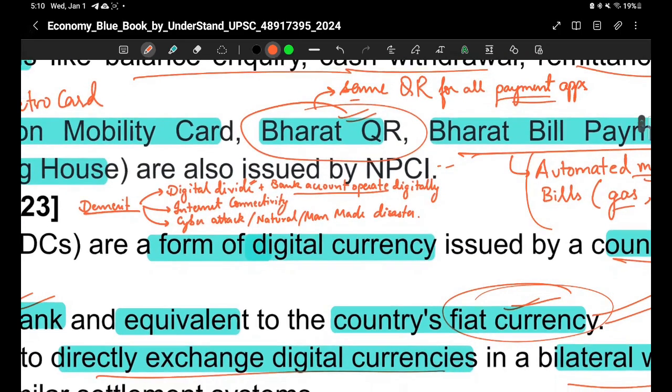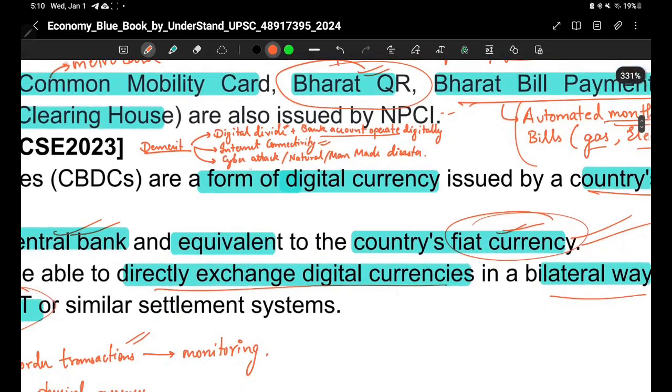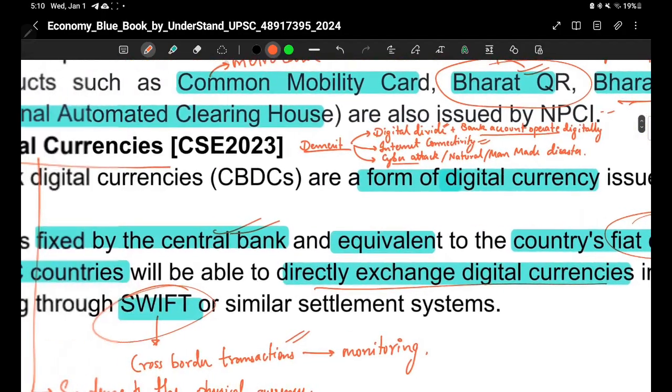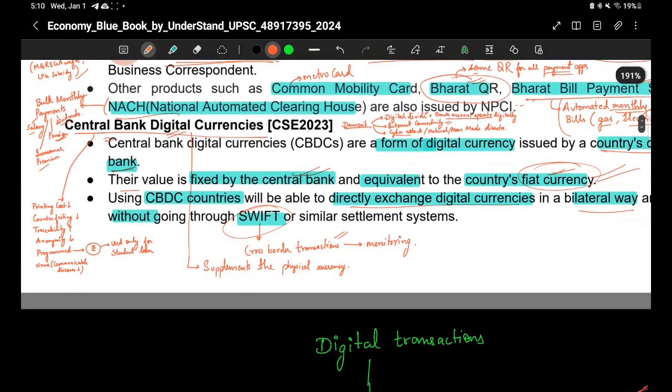Then internet connectivity is also a problem. It has not penetrated throughout India. Then they are prone to cyber attack. Since it is all digital, it is prone to cyber attack or even natural calamities or man-made disasters. That's why you should not rely solely on CBDC. You should use physical currency as well. This only acts as a supplement.